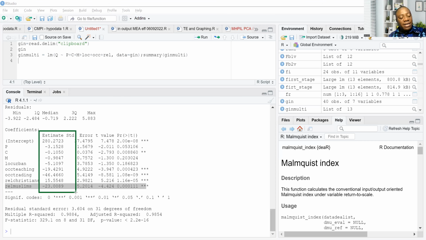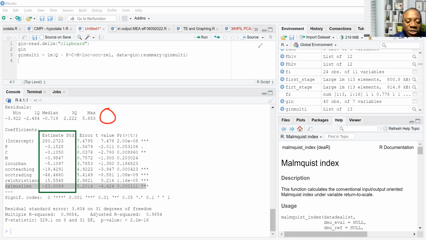The numbers there are going to replace the betas that we wrote earlier. So now we're going to write the equation. To start the write-up of the equation, this is what you do.